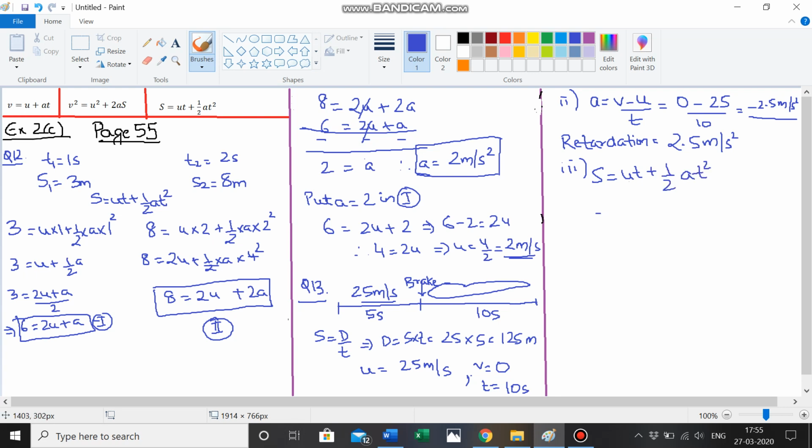Initial velocity is 25, time taken after applying brake is 10, plus half into acceleration. Acceleration is negative 2.5, time is 10, so 10 square is 100. Half of 100 is 50. So this is 250 plus, multiplied by minus, is negative 2.5 into 50 is 125. So this will be equal to 125 meter. Let's see if I have time to solve the last part of this question.